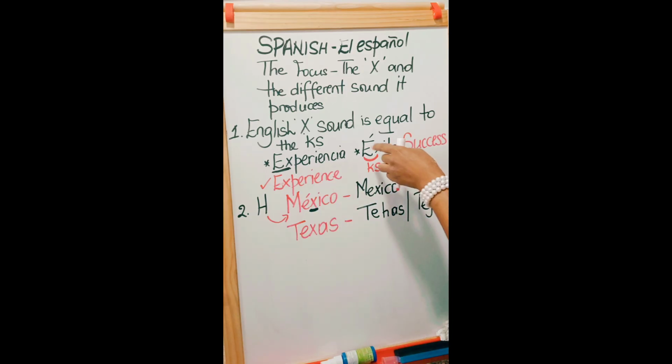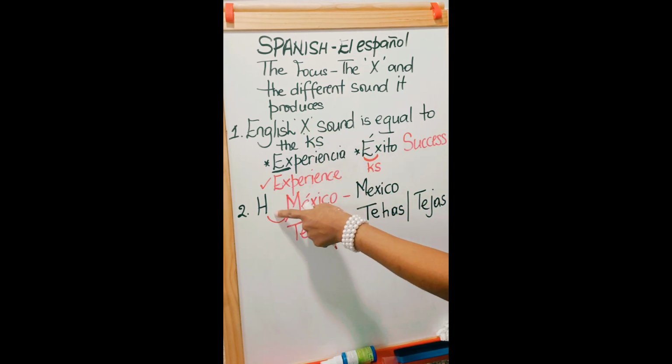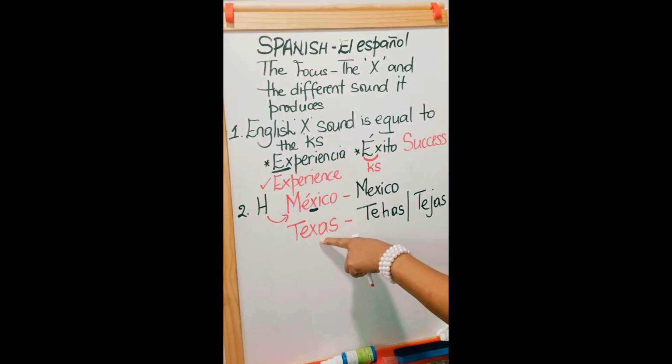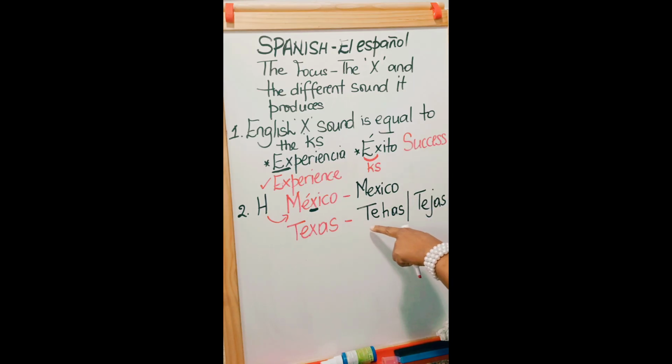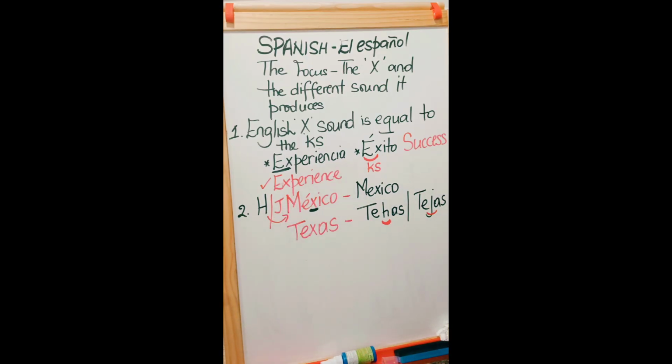So the X would have evolved from the English X sound or KS sound to an H sound. Estamos mirando la palabra Texas en América de Estados Unidos. And it translates to sound as Texas with an H sound or a J sound. So those are two sounds thus far.